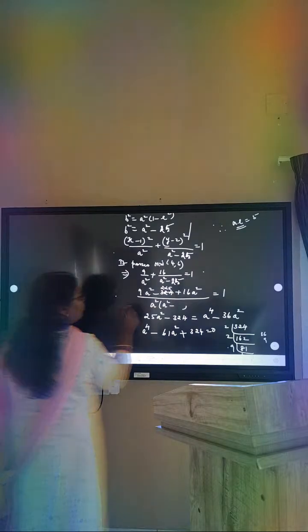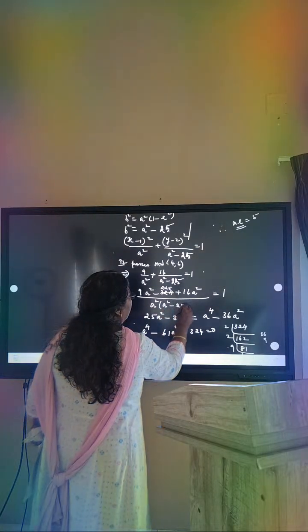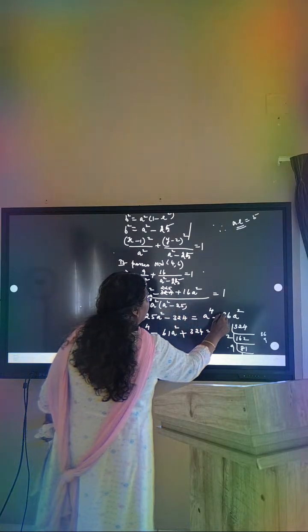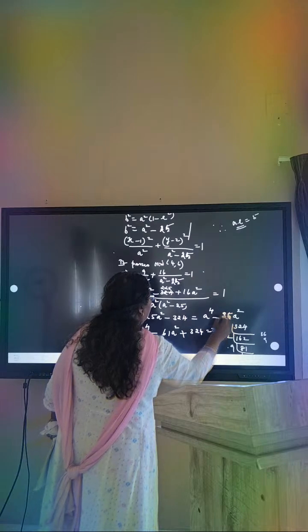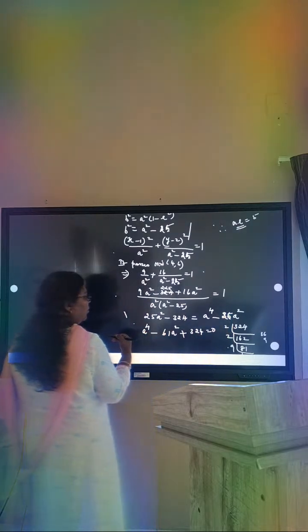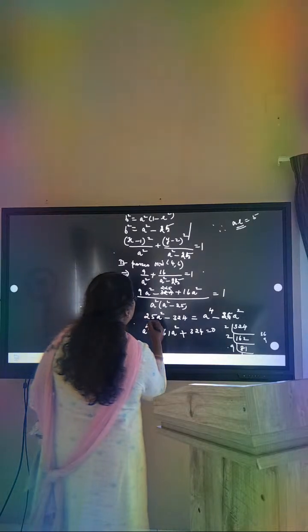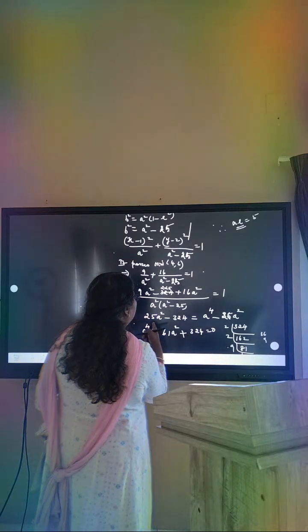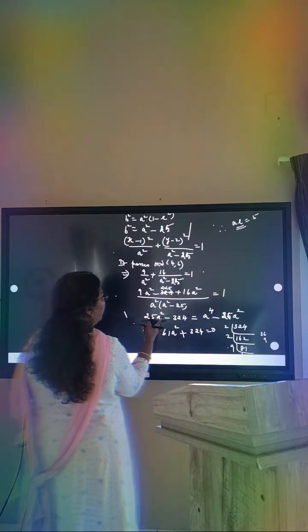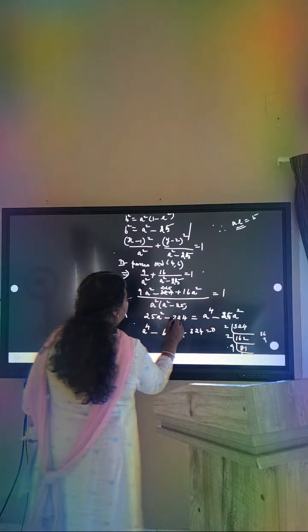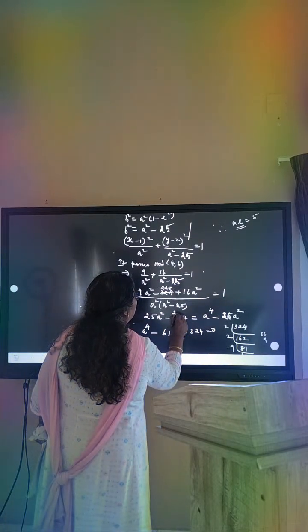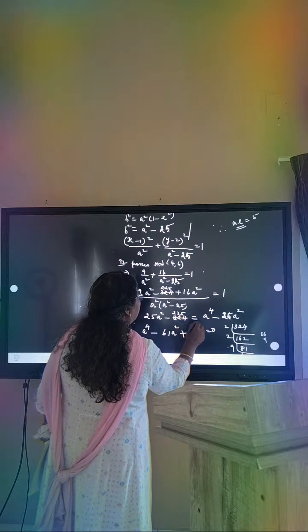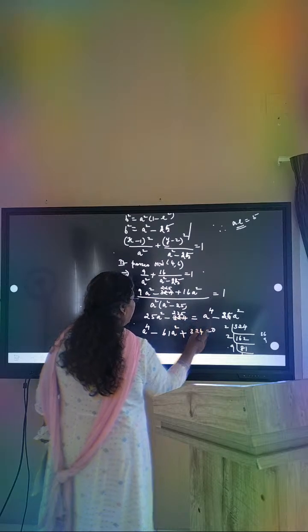Okay, it's 25. And when you cross multiply again, here it should be 25a squared, and bringing all these terms to one side, what do you have here? Here you have 25a squared minus 225. So this 225 is equal to a to the power 4 minus 25a squared.